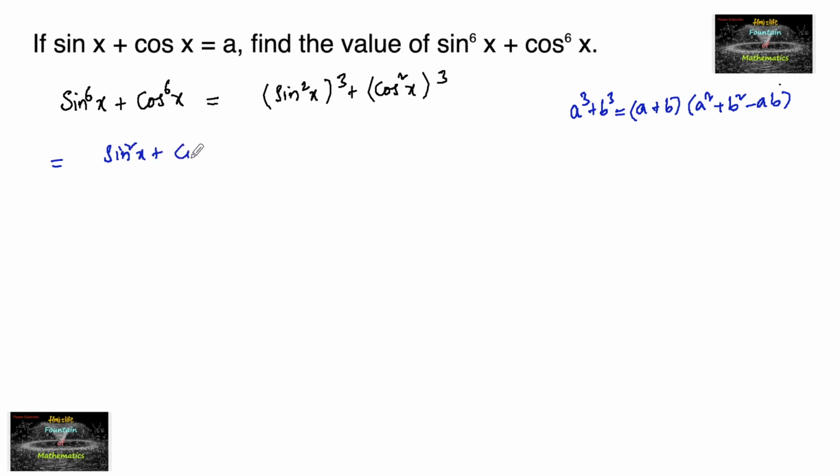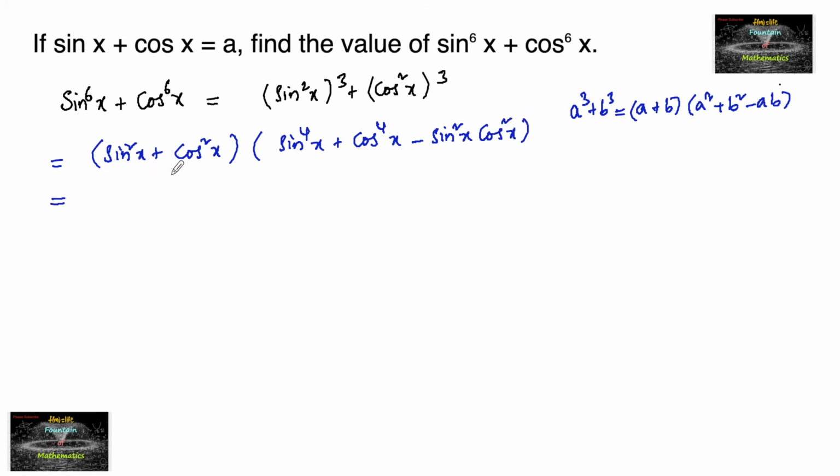(sin square x plus cos square x) into ((sin square x) whole square, that is sin power 4x, plus (cos square x) whole square, that is cos power 4x, minus sin square x into cos square x).